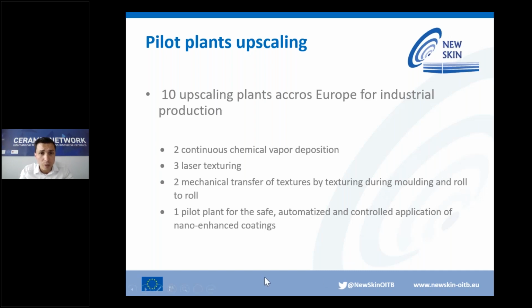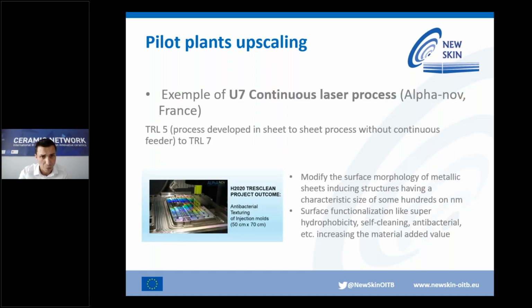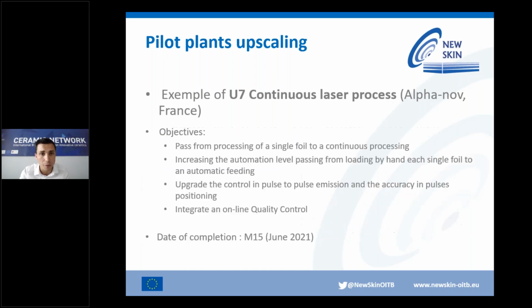Among these 10 plants, we have 2 continuous chemical vapor deposition lines, 3 laser texturing lines, 2 mechanical transfer of textures by texturing during molding and roll-to-roll process, and then the last one, which is 1 pilot plant for the safe, automatized and controlled application of nano-enhanced coatings. I will not present the example because we will see some of them during this webinar.